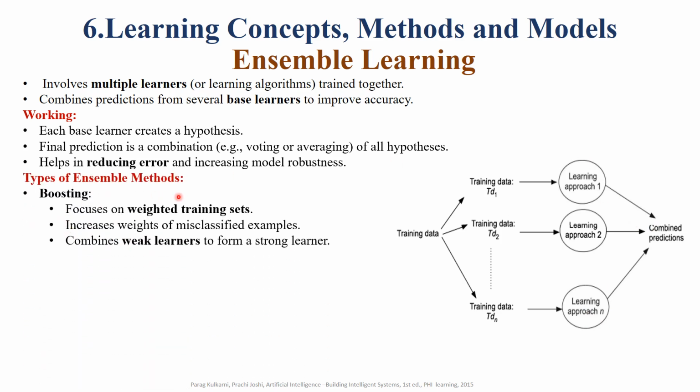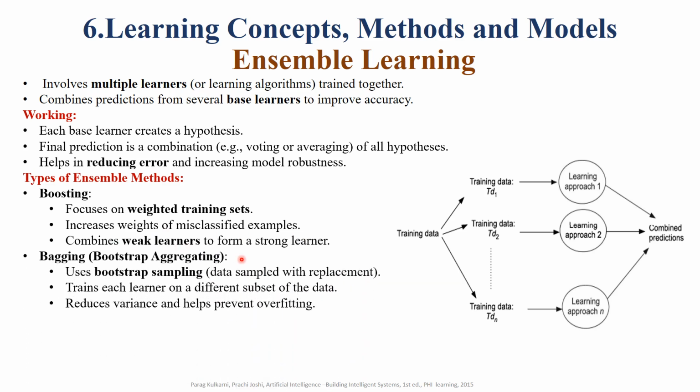What are the types of ensemble methods? First one is boosting. The main thing is we focus on the weighted training sets and we increase the weights of misclassified examples and we combine the weak learners to form a strong learner. Whereas in bagging or bootstrap aggregating, we use bootstrap sampling, that is, the data sampled with replacement.